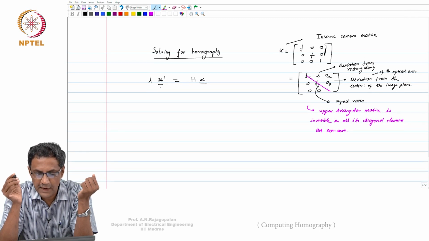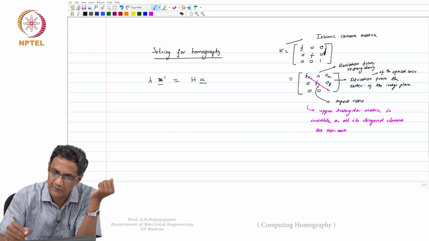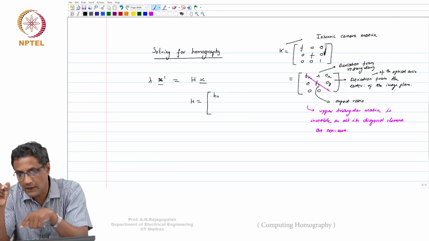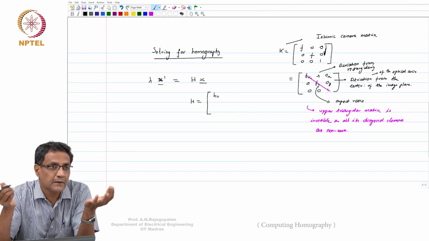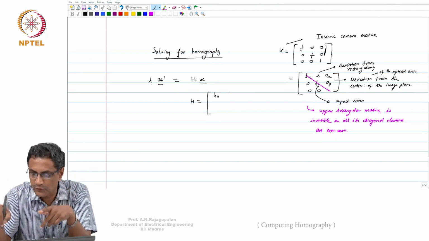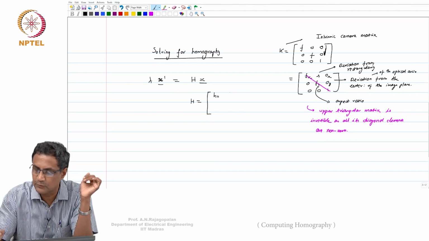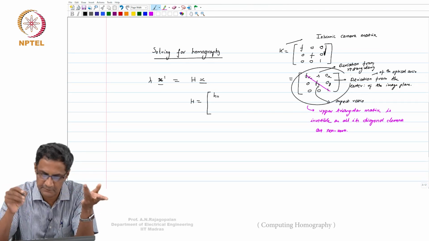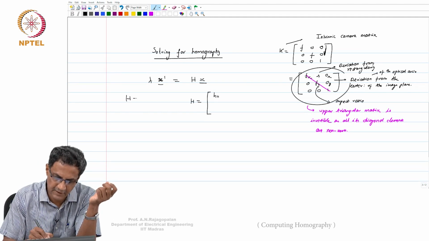The point is, if you look at your homography h, let us say that h has the following entries, h11, and it could be the case that you have an intrinsic matrix also sitting there, whose values you do not know. Let's say you have this most general case. It is still valid because all we are saying is h is K times R plus 1 by d T n transpose, times K inverse.